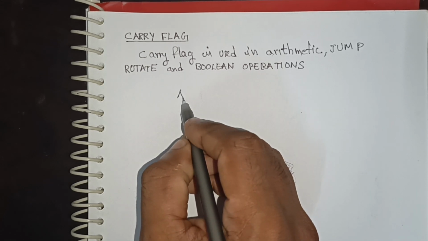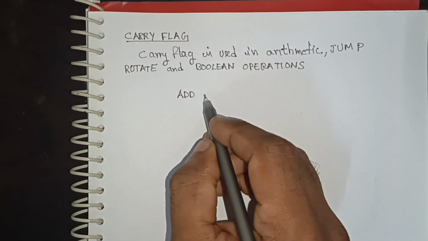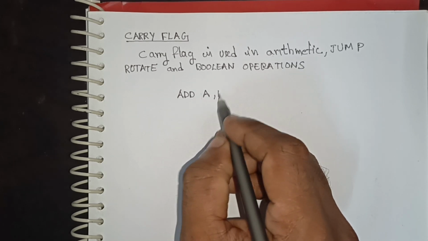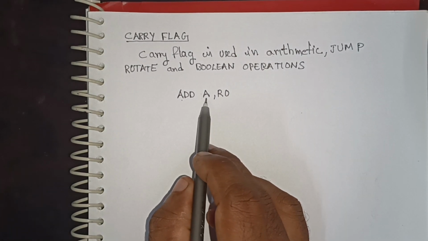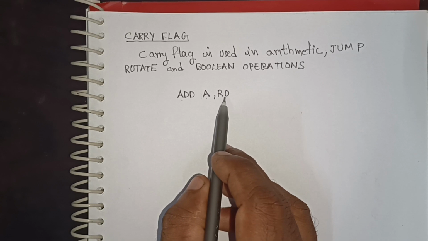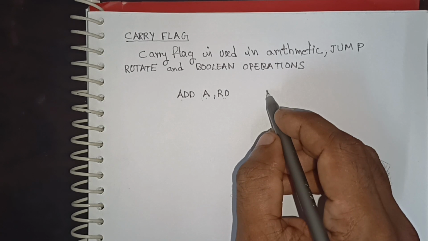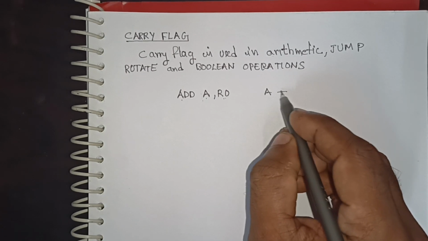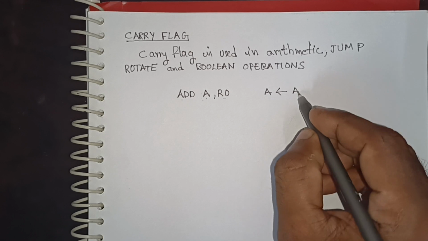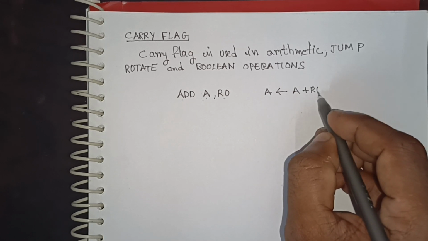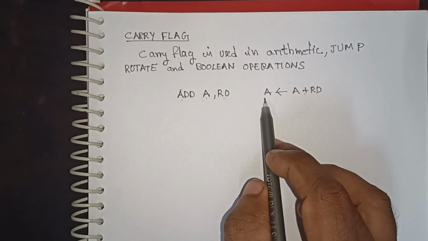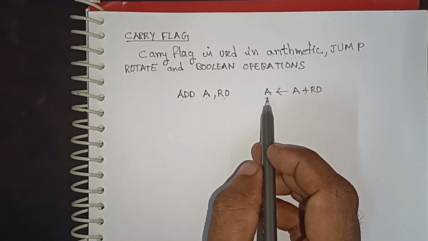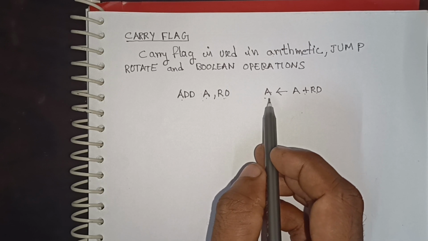I am just writing an instruction, ADD A, R0. This instruction will add the 8-bit value in A and the 8-bit value in R0 and store the result into A. That is, A plus R0 is stored into A. And the result is also 8-bit.